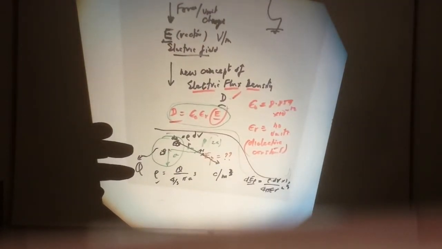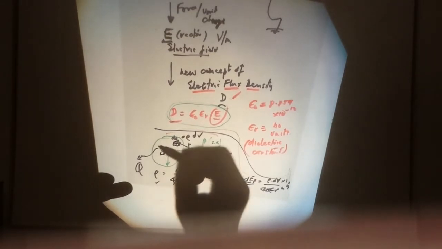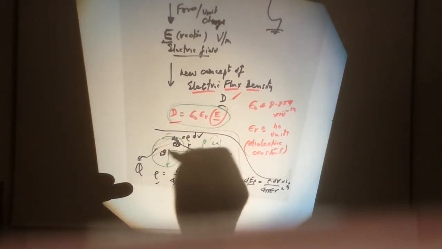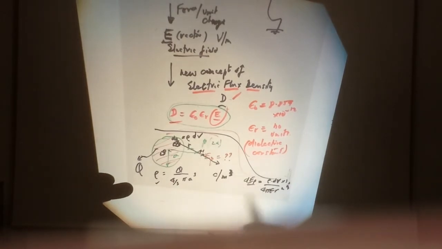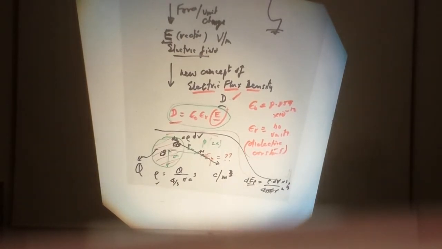So now let's go to the problem which I told you is very difficult to solve. This is the complicated monster here. The volume has charge density rho, whatever it is, and we calculate the field at point P. Very complicated.